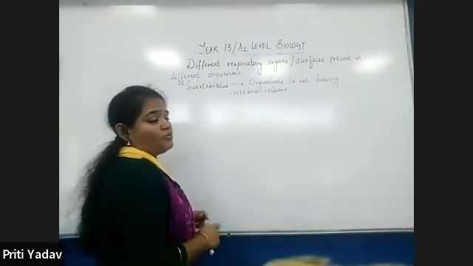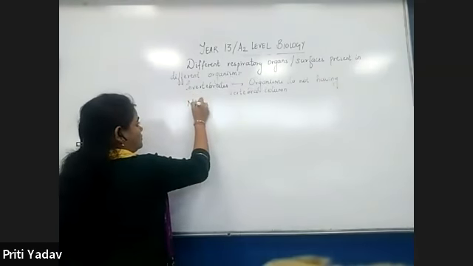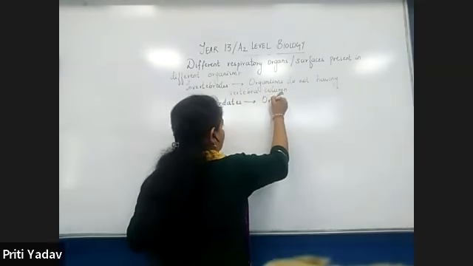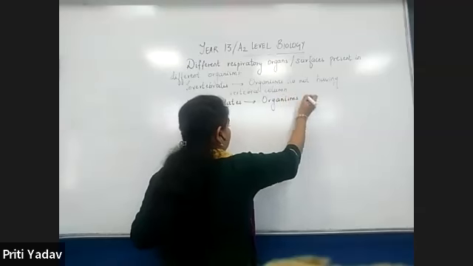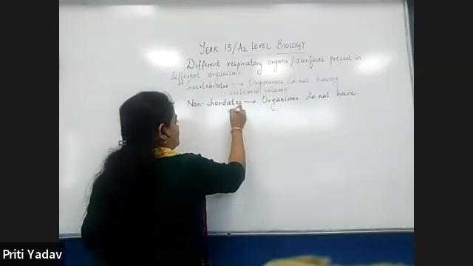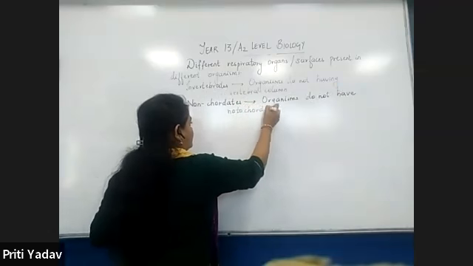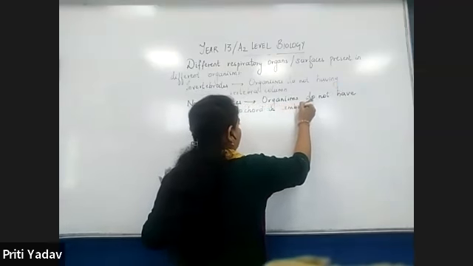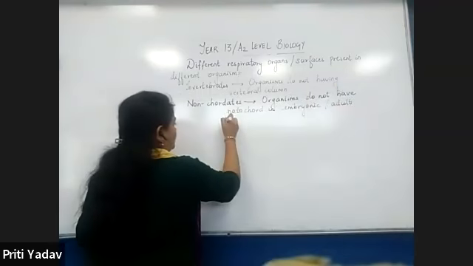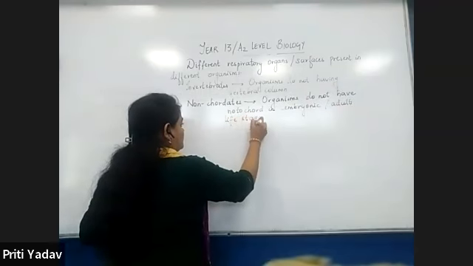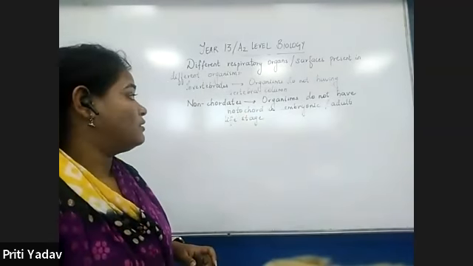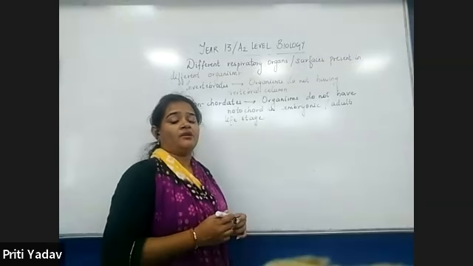There is one more category which are called non-chordates. These are organisms that do not have a notochord in the embryonic or adult life stage. In neither of the life stages do they have it.